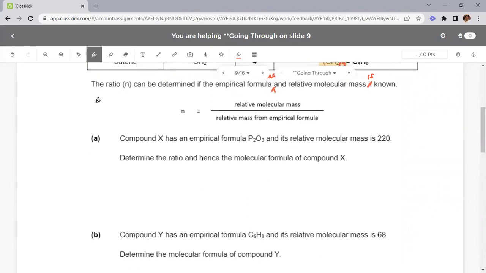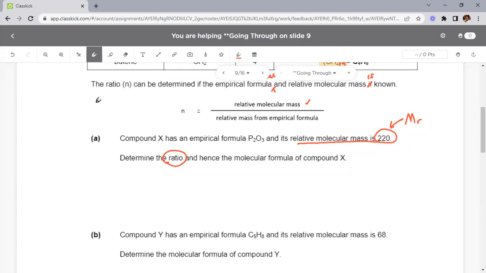Part A, compound X has empirical formula of P2O3. Its relative molecular mass is 220. So this is the Mr, the relative molecular mass. Now, I want to find the ratio. I know the relative molecular mass of the molecule, but I don't have the relative mass for the empirical formula.